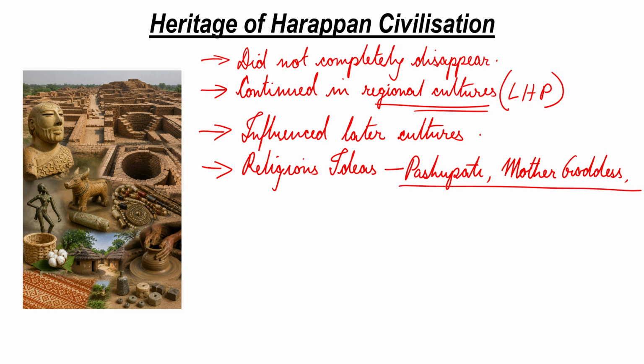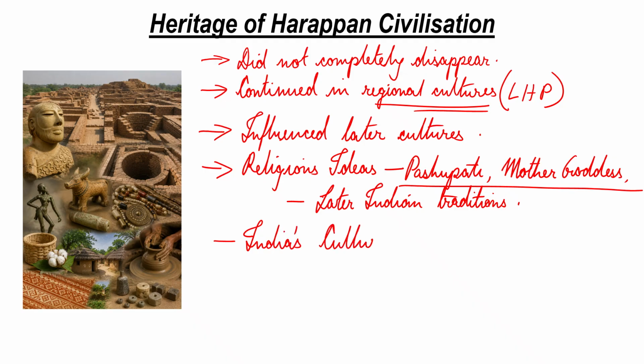So Pashupati, mother goddess, serpents, animals, all these things have been continued in later Indian traditions. So these all continued, and that is how Harappa is a part of India's cultural heritage.